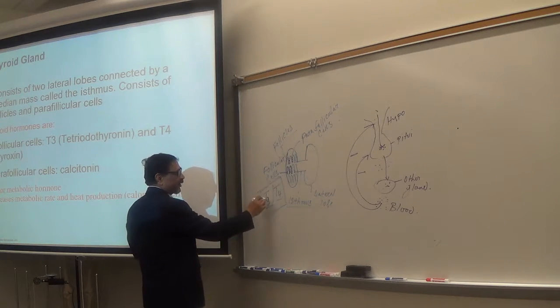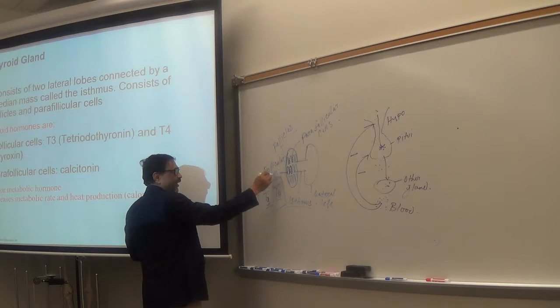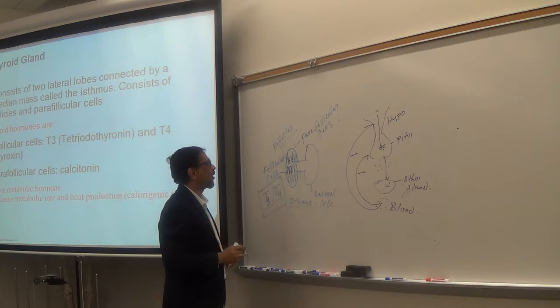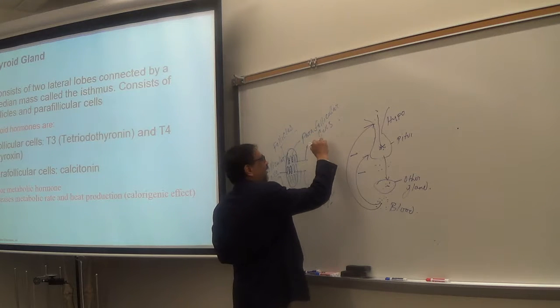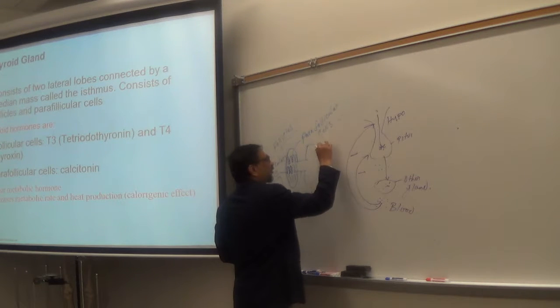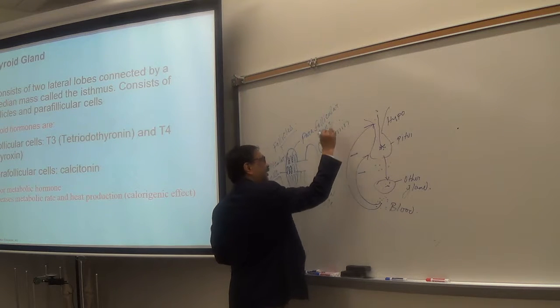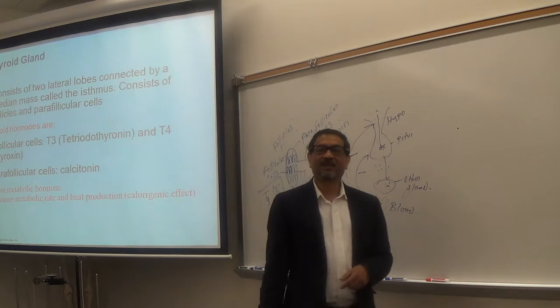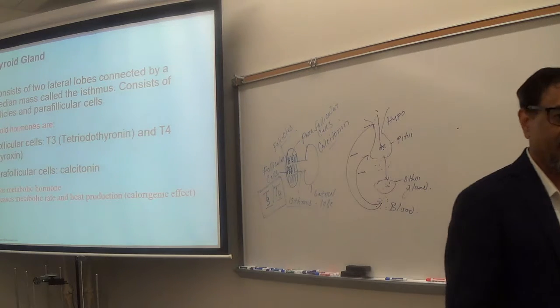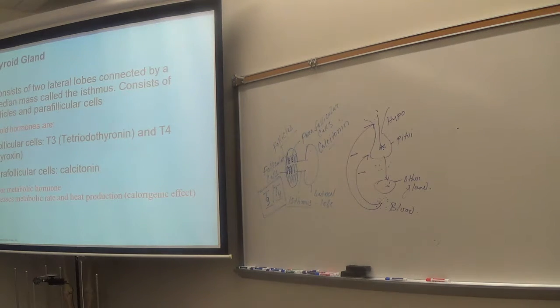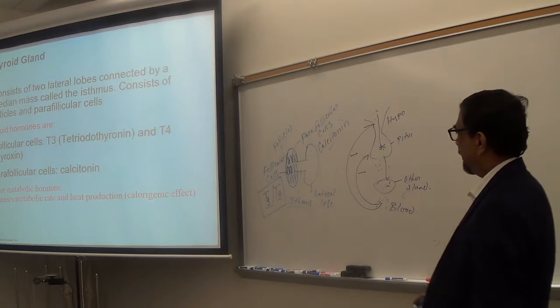So, shortcut, T3 and T4 are secreted by the follicular cells. Parafollicular cells secrete another hormone that is called calcitonin. So those are the three hormones of the thyroid gland: T3 or triiodo, T4 or tetraiodo, and calcitonin.